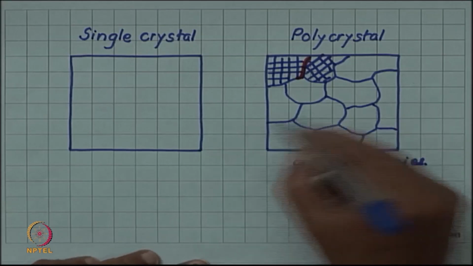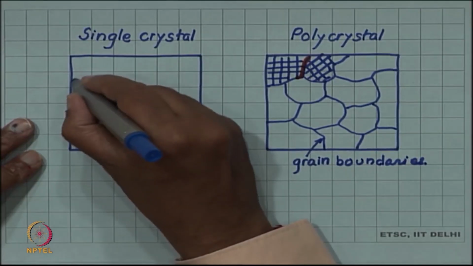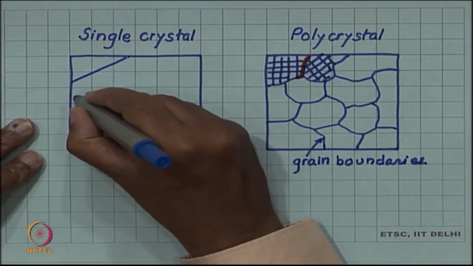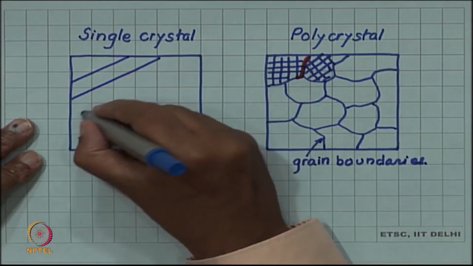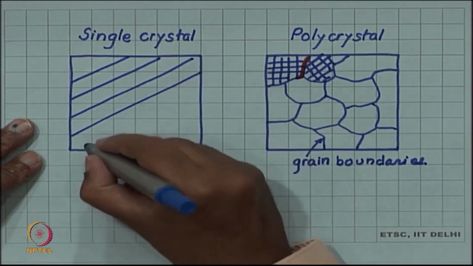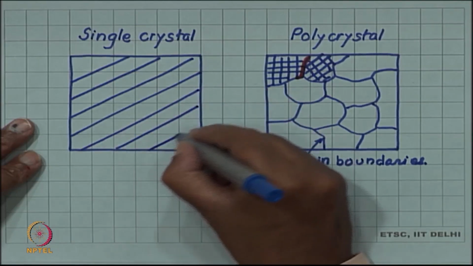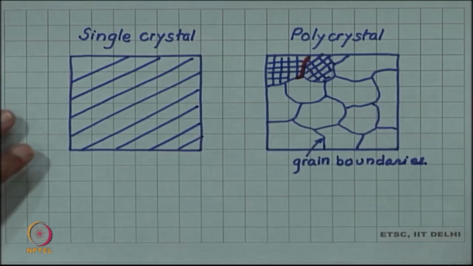Now, let us try to draw a particular plane, let us call it the slip plane. In a single crystal, the slip plane will be all parallel and will go from surface to surface of the crystal.